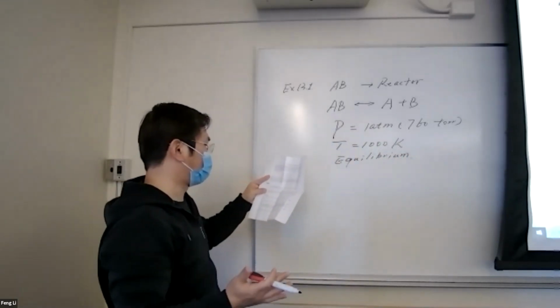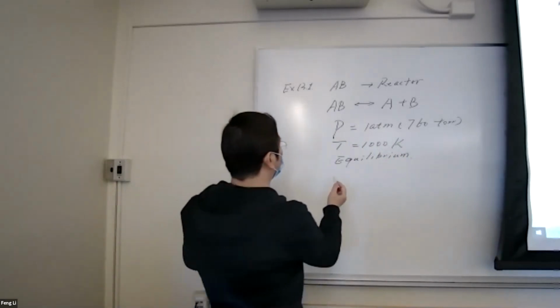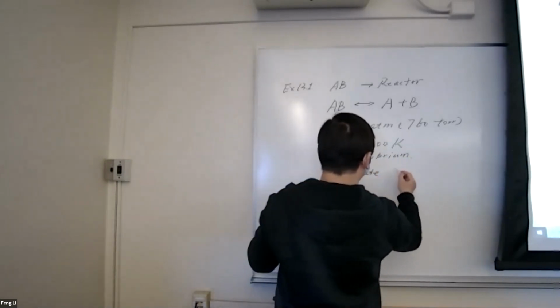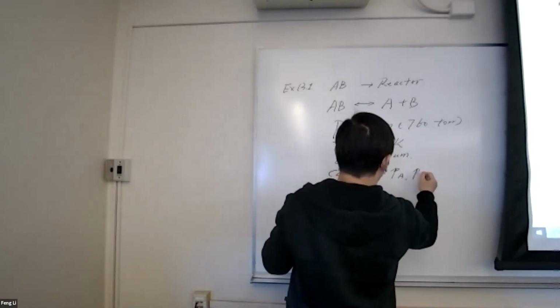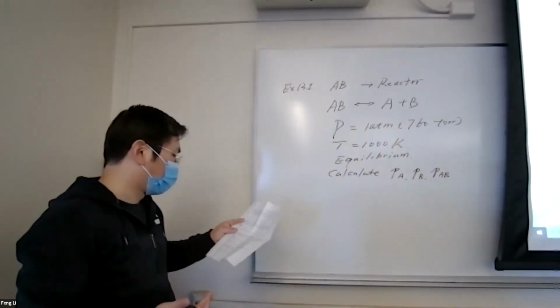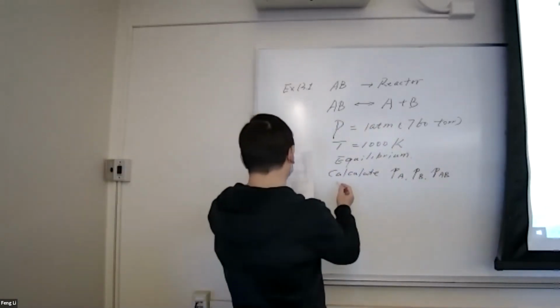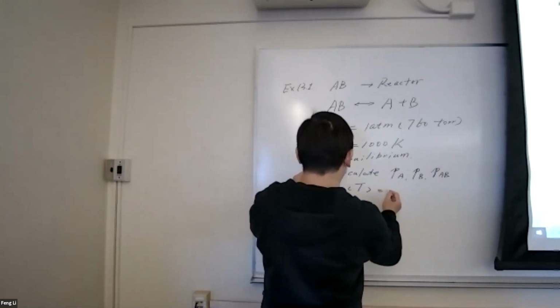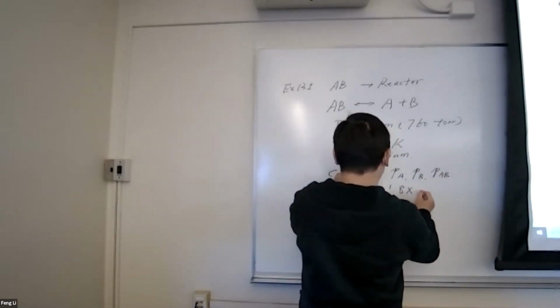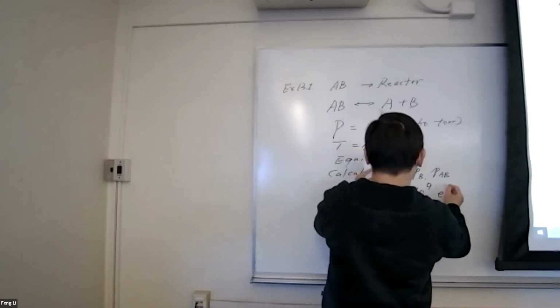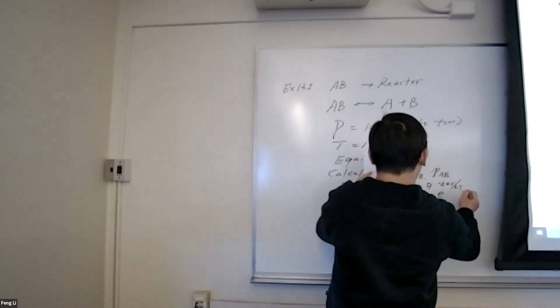So we want to calculate the partial pressure for each species: PA, PB, and PAB. And suppose we know the equilibrium constant K is given by 1.8 times 10 to the power 9 times e to the power of minus 2 electron volt over kT.